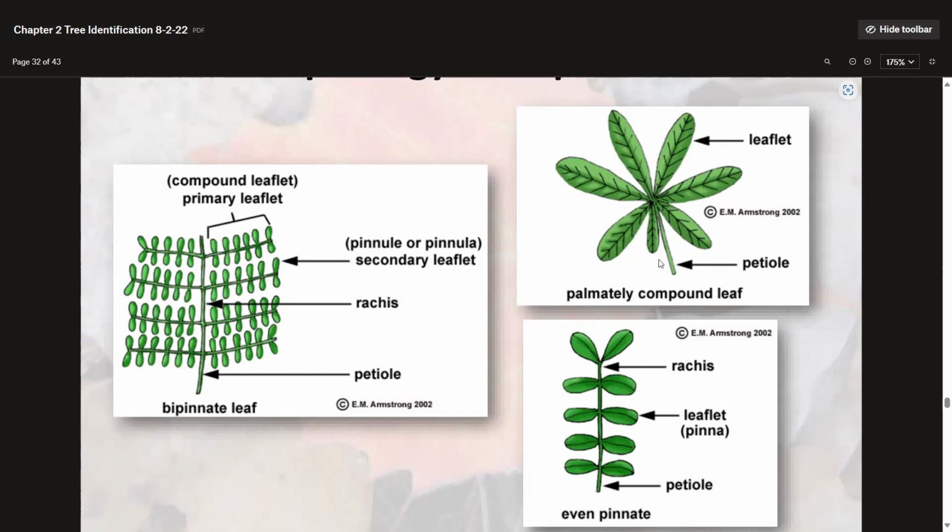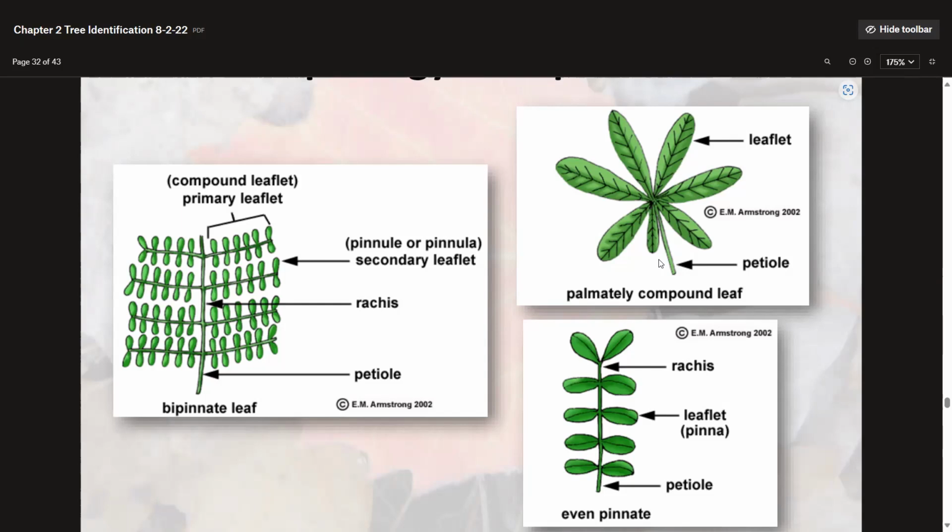So petiole at the bottom, then you have your rachis once your leaflets start coming off, right? And you have a secondary pinnule or pinnula that comes off of that, right? That is a compound leaflet, okay? Hopefully that makes sense to everybody. That is a bipinnate leaf. So you have leaflets coming off on either side, right, of the rachis where it attaches to the petiole.